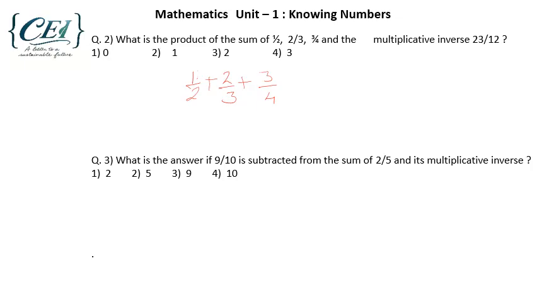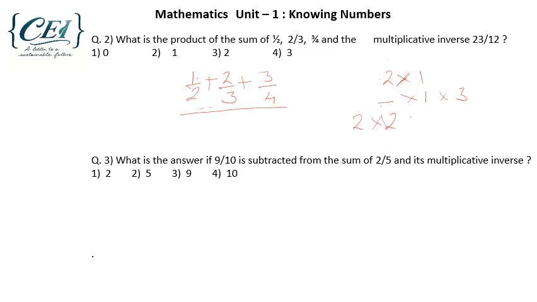So you have to make the denominator common. So 2, 3 and 4. What is the LCM of 2, 3 and 4? 2 is 2 into 1, 3 is 1 into 3, and 4 is 2 into 2.